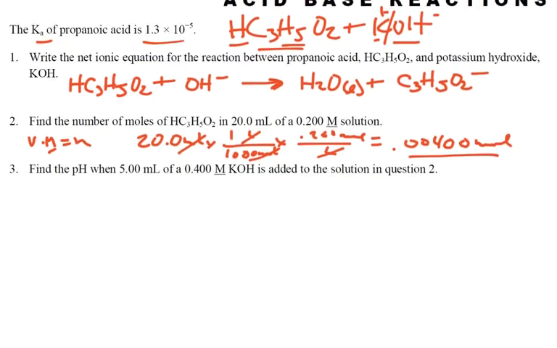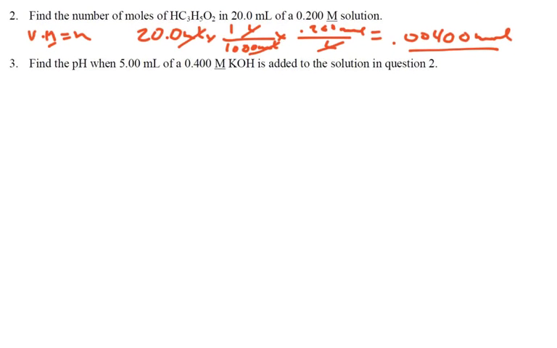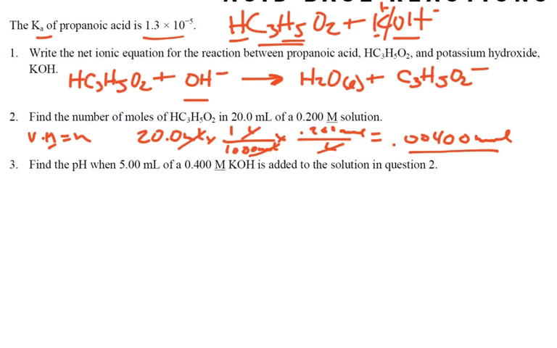Now the idea here is that because we've just added the acid and the base, and this is a very product favored reaction, then we're going to do an icebox just to figure out what's left in the solution after all the acid and base have reacted with each other. So first thing I want to do is figure out how many moles of my base I have.